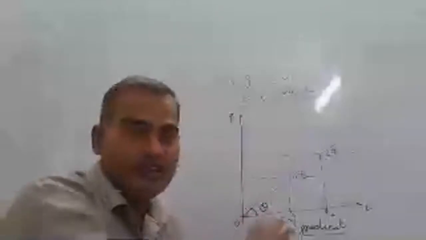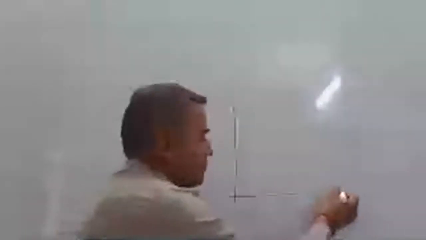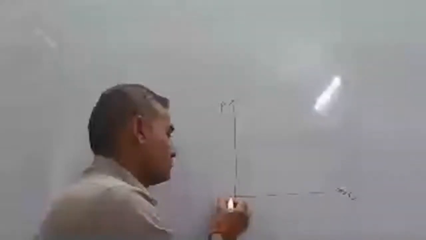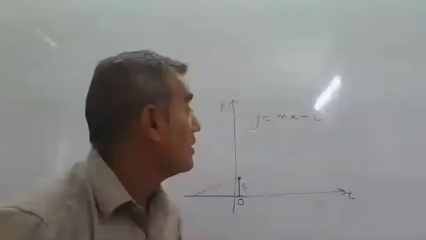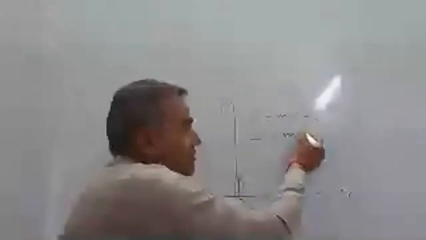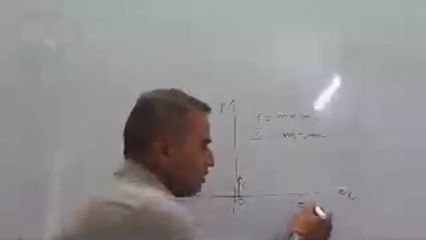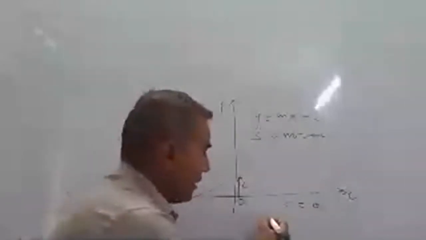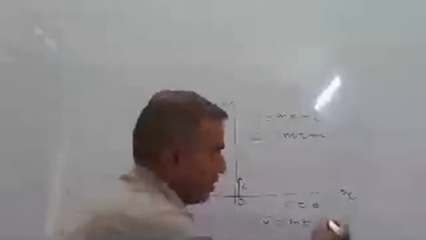Now how can we say this is uniform? In mathematics, we try to explain. On the y-axis is S, and if C is equal to 0, then S equals mt. M is the gradient or slope, and here displacement upon time.